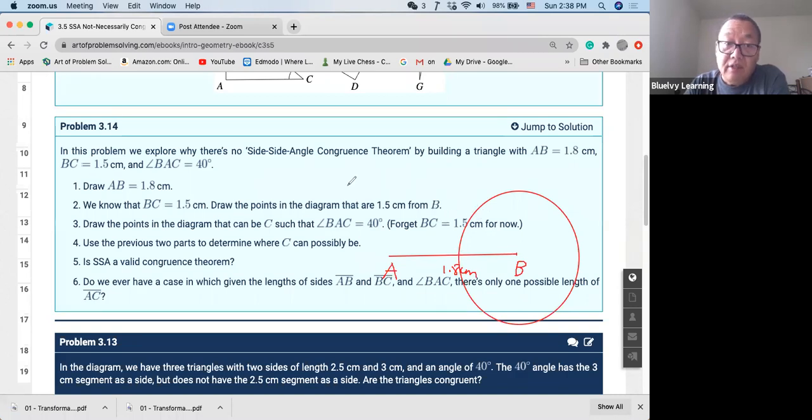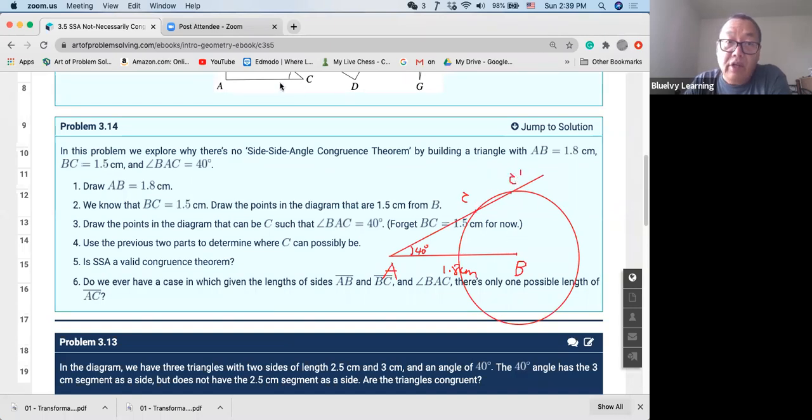Then the angle BAC equals 40 degrees. Suppose this angle equals 40 degrees. Then suppose this point is C, and this point is C prime.